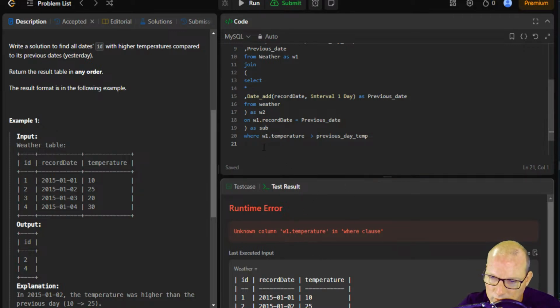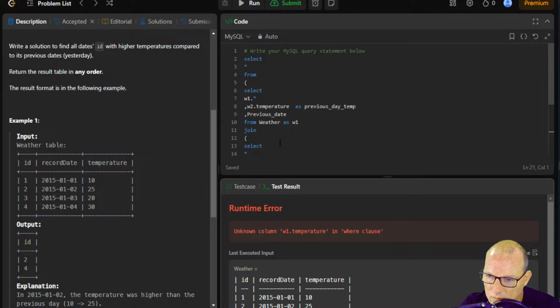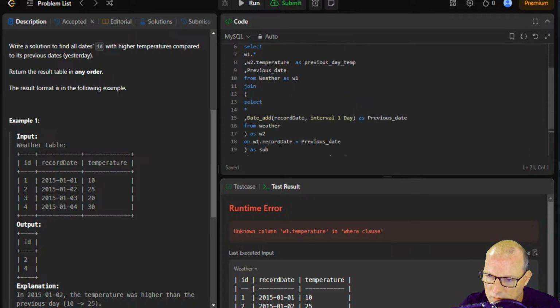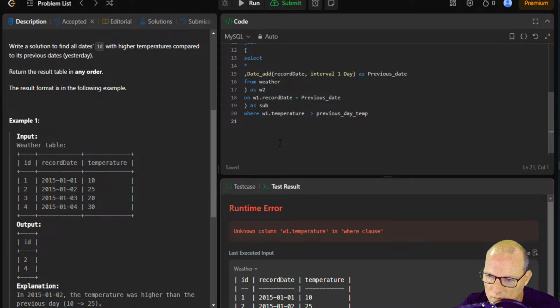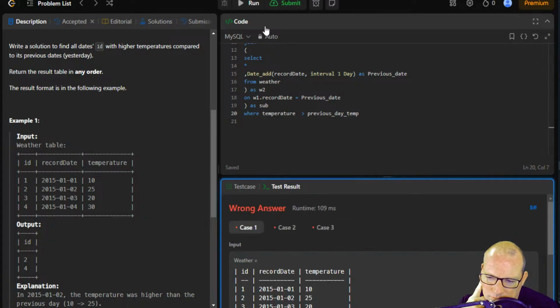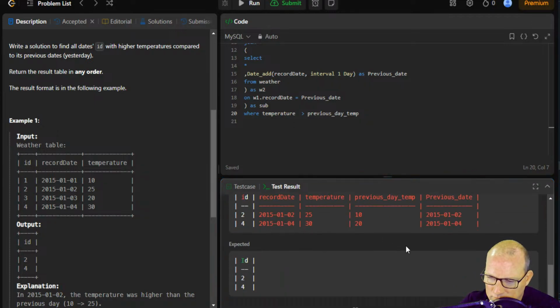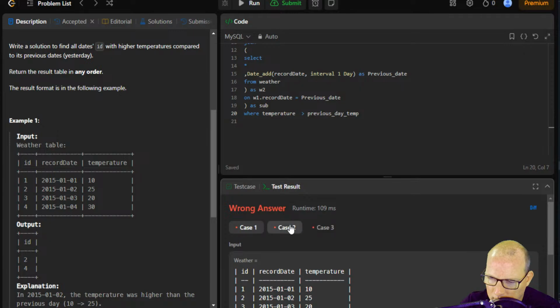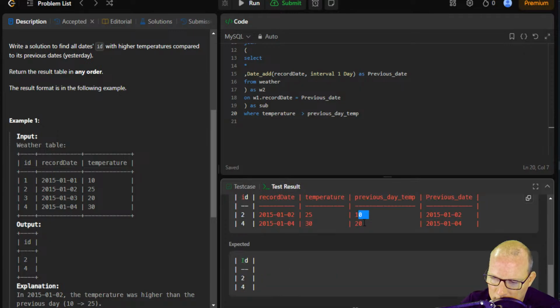W1 temperature. Did I change the names? Okay. Good.